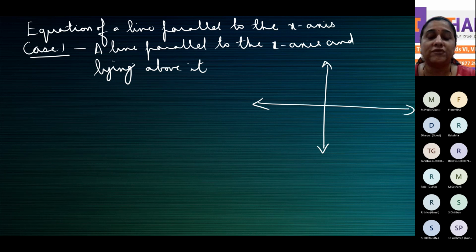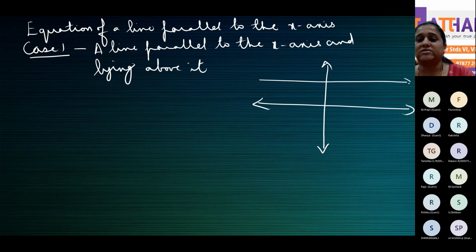These are the two different positions we can have with respect to the x-axis. So we have two cases, above the x-axis, below the x-axis. We'll consider this line which lies above it.